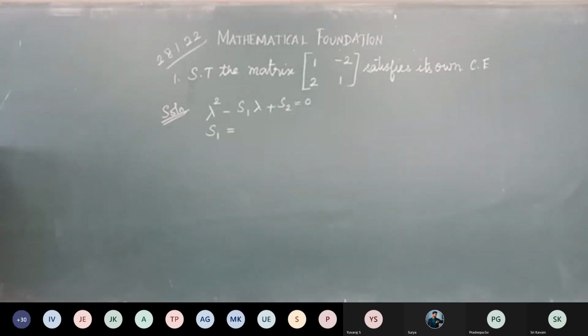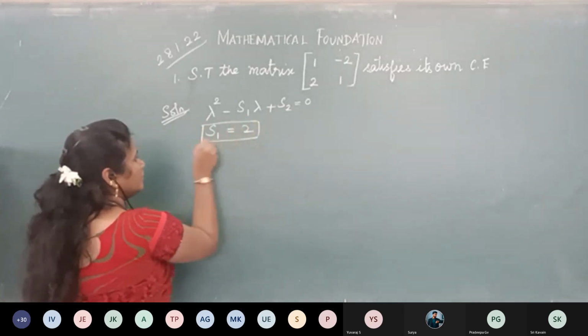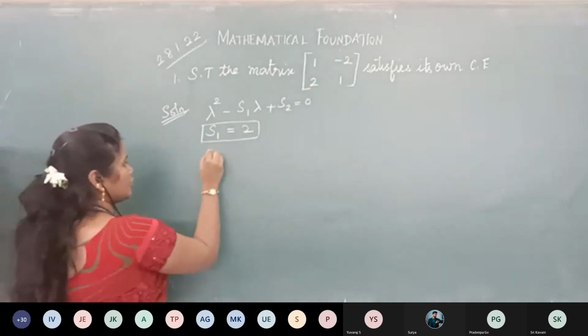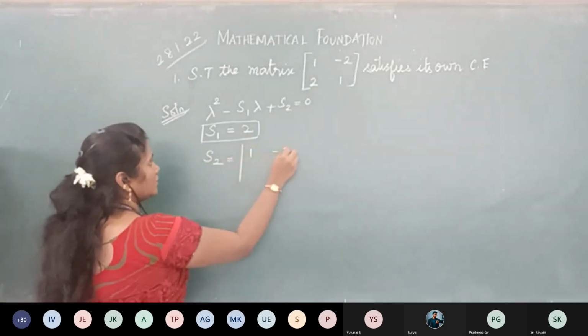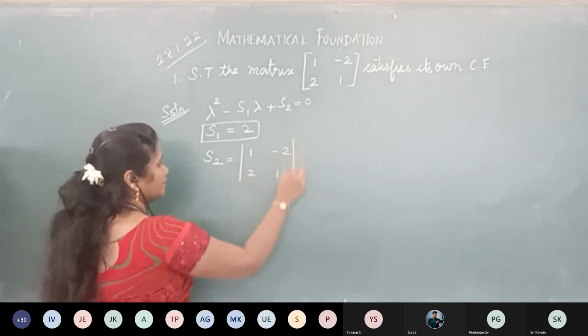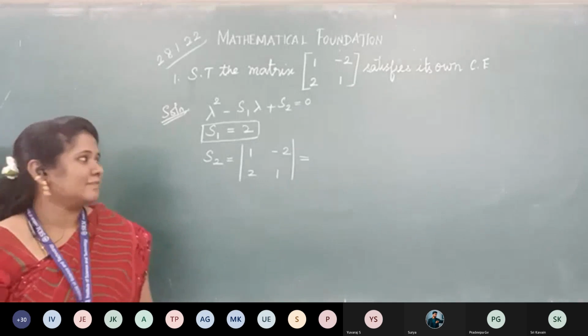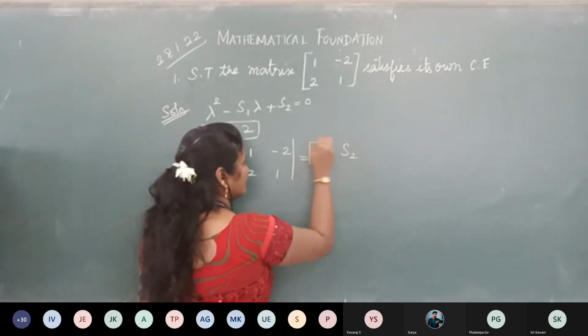2. Very good. So your S1 is 1 plus 1, which is 2. Then your S2 is the determinant of A. So 1 minus 2, 2, 1, multiply and tell. 5. Very good. So your S2 is 5.